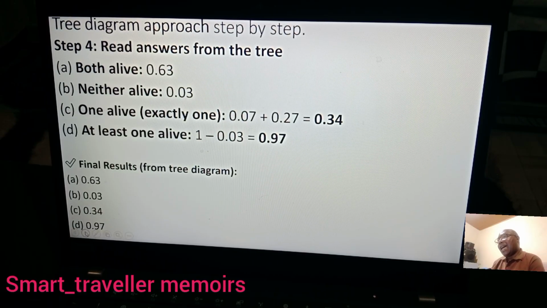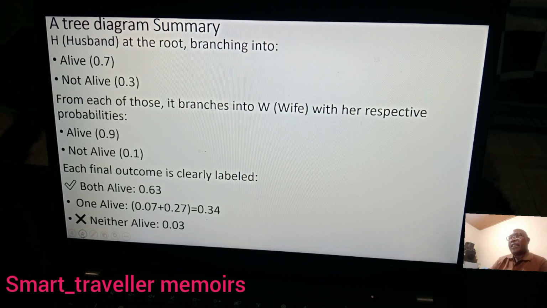And finally, at least one alive is 1 minus 0.03, where 0.03 is neither alive, and it is going to give you 0.97, because the maximum probability is 1. Final results from the diagram: A 0.63, B 0.03, C 0.34, D 0.97.